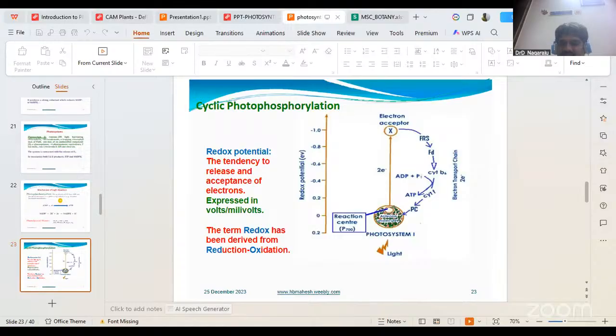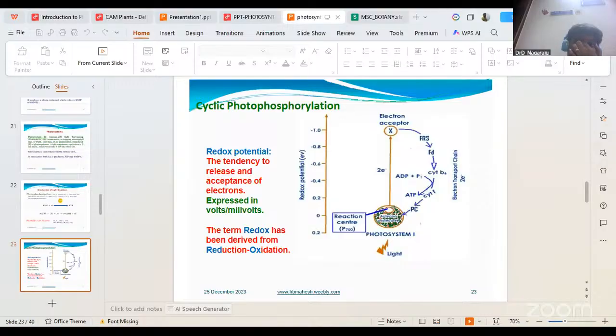You see the PS1. Here it started. It absorbed light through the light harvesting complex, got excited and released electrons. That electron is transported to the electron acceptor. Which one is the electron acceptor?